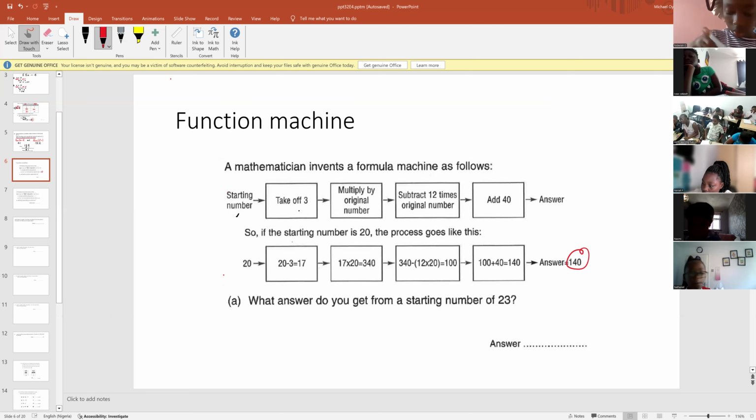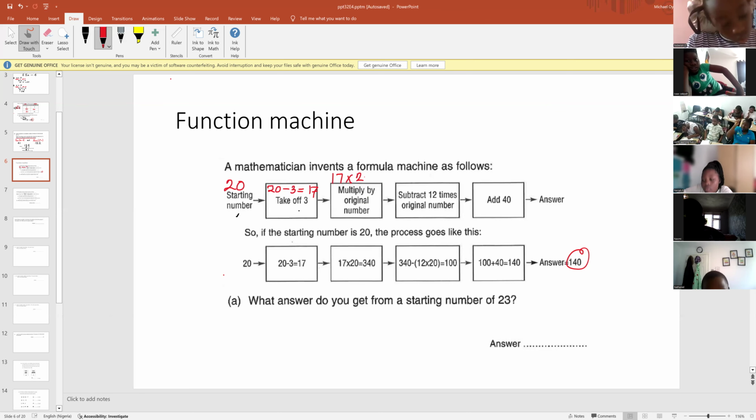The number is 20. So we do 23 take away 3, that is 20. Then you multiply by the original number. We multiply 17 by the original number, which is 20, and that gives 340. 12 times the original number is 240.